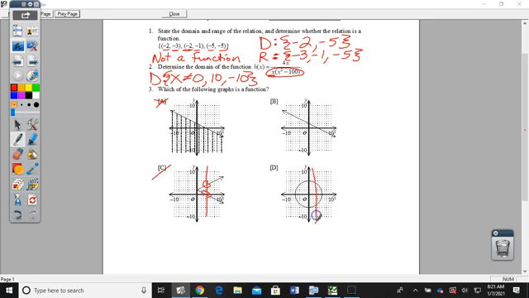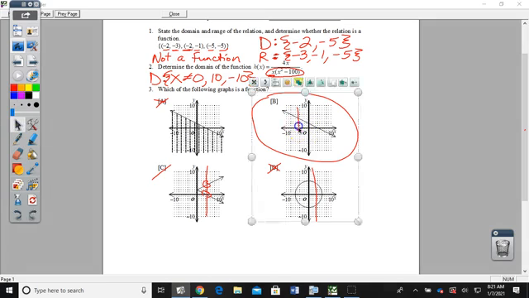D, twice as well. So it can't be that one. B is the only one that's only going to touch once. No matter where you put that line on the graph, it's always going to be touching the graph once. Everybody good? Wonderful.